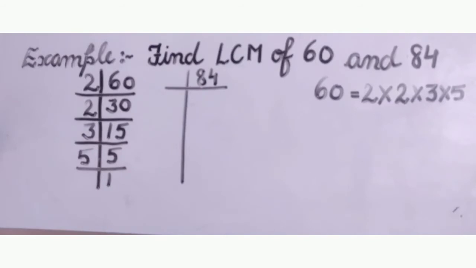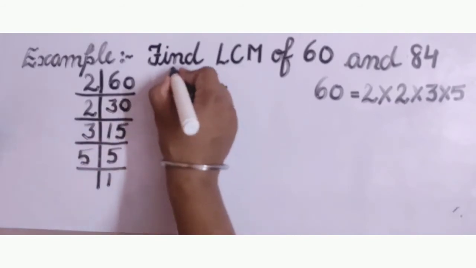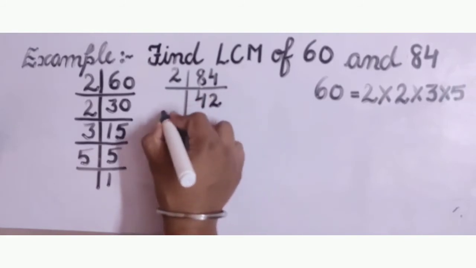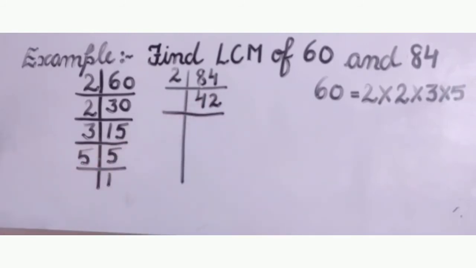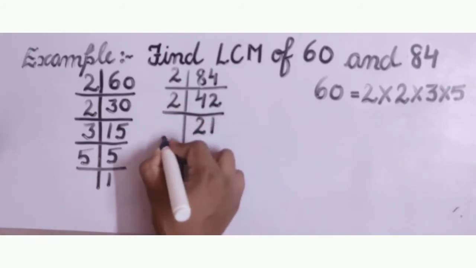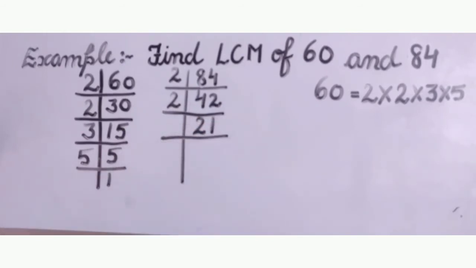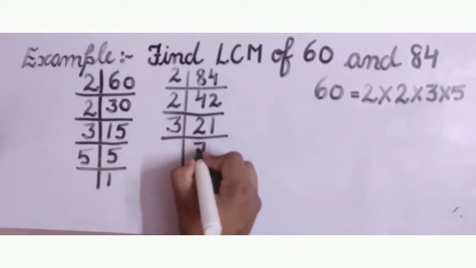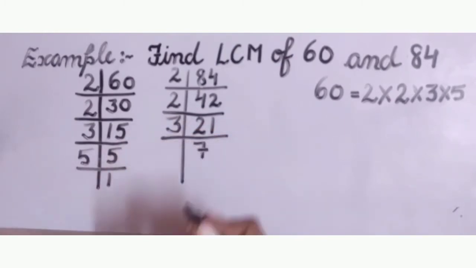Let's try to divide with the smallest prime number, that is 2. The answer will be 42. Once again try to divide it with the 2. Answer will be 21. Now students, 21 cannot be divided by the smallest prime number, that is 2. So we will try to divide it with the 3. 3 sevens are 21. Now students, 7 is a prime number.